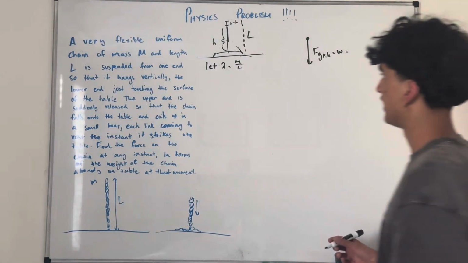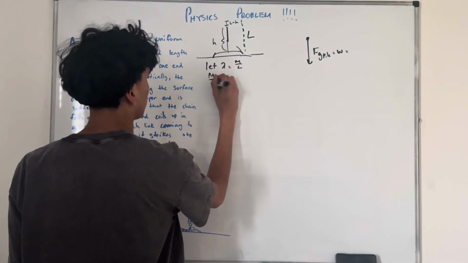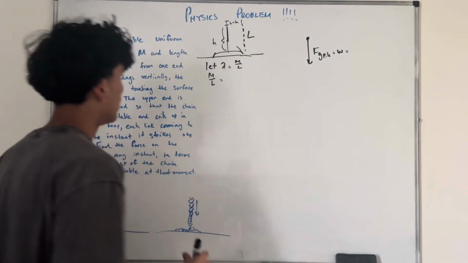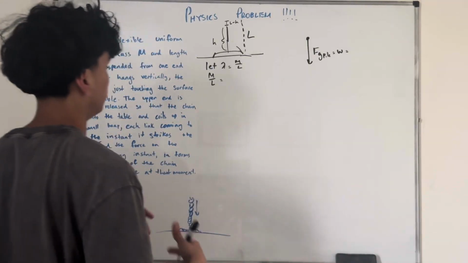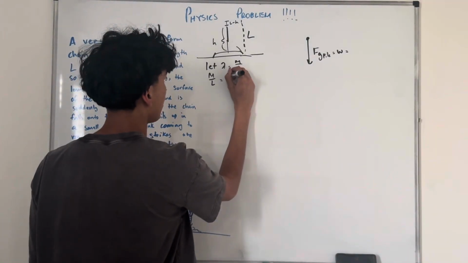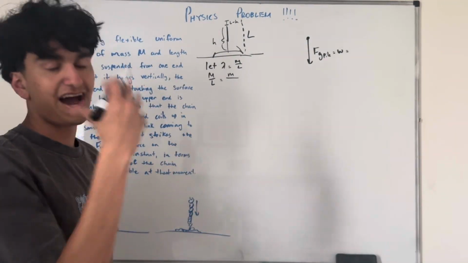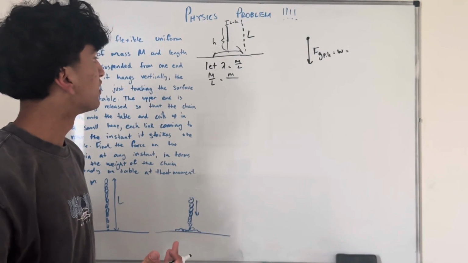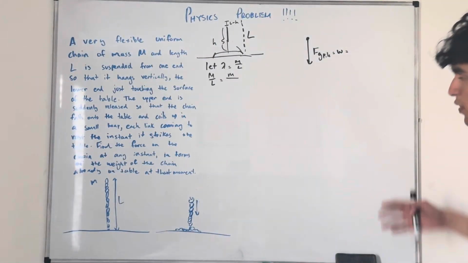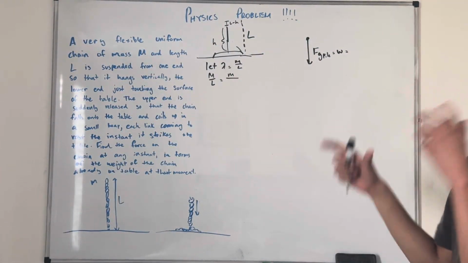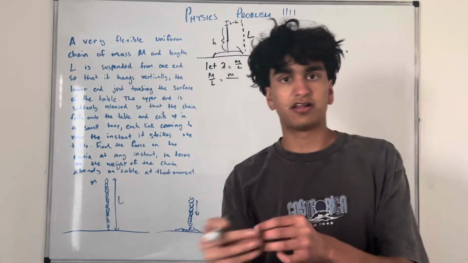So the total mass over the total length is going to equal the mass in the pile over the length of the pile, not like this length, but the length of the pile if you were to unravel it.